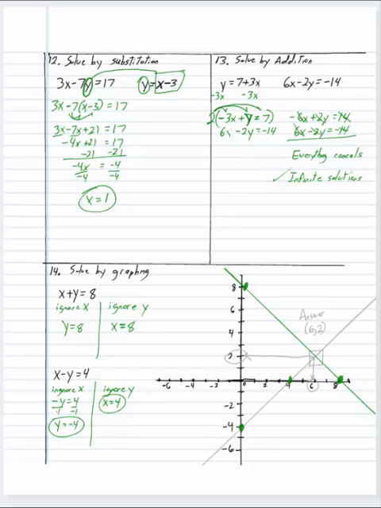Let's connect those dots. Okay, now to get the answer, let's look at the intersection, which is right here. I see the x value is 6, and the y value is 2. So the answer is 6, 2.